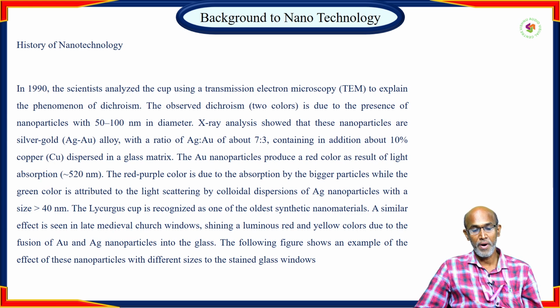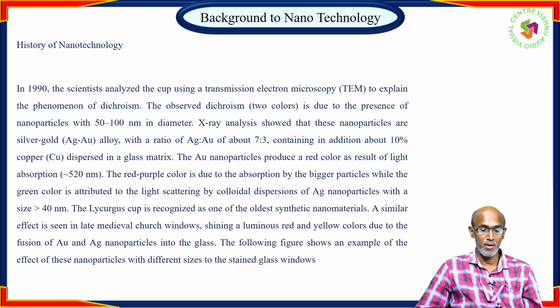The gold nanoparticles produce a red color as a result of light absorption at approximately 520 nanometer. The red-purple color is due to the absorption by the bigger particles, while the green color is attributed to the light scattering by the colloidal dispersions of silver nanoparticles with a size greater than 40 nanometer.